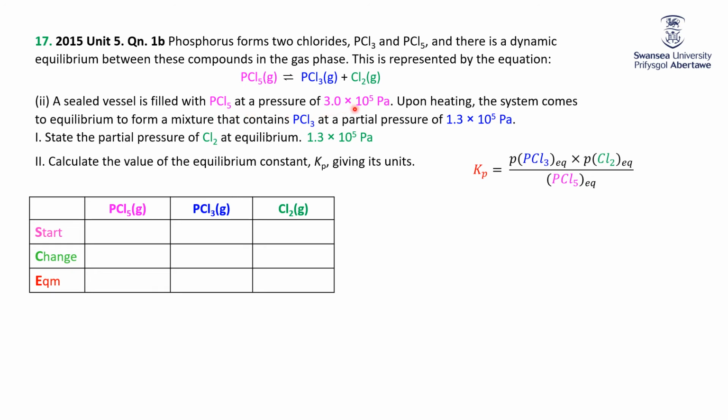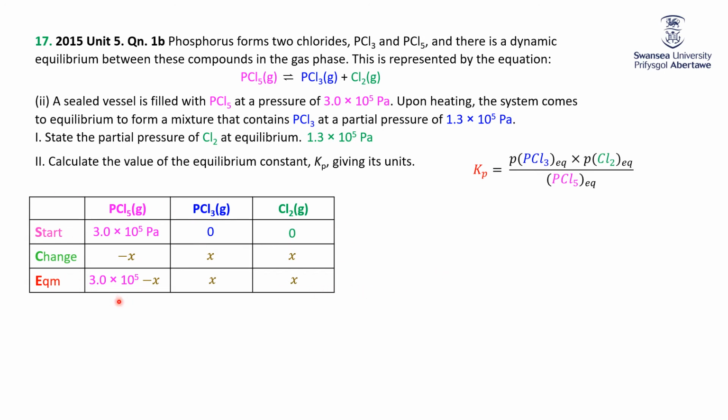We just know the PCl5 at the start. So pop in all those values: only PCl5 at the start, no PCl3, no Cl2. Put in the X lines. Everything's 1, so that makes it nice and easy. Minus X for the reactant, plus X for the products. Put them together, and that's what you got.